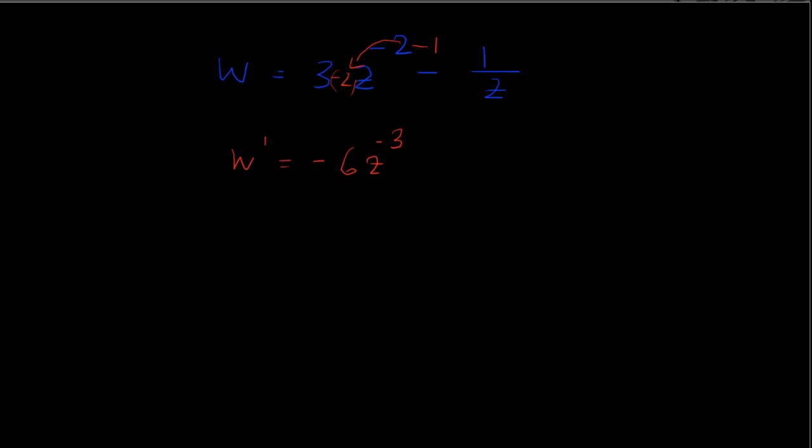I'm going to rewrite 1 over z as z to the negative first power. Then I'm going to take the derivative by bringing down the exponent and subtracting 1 in the exponent. So that would just be minus z to the negative second. So my derivative is negative 6z to the negative third minus z to the negative second.